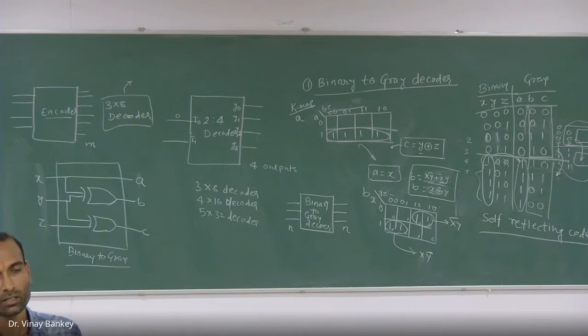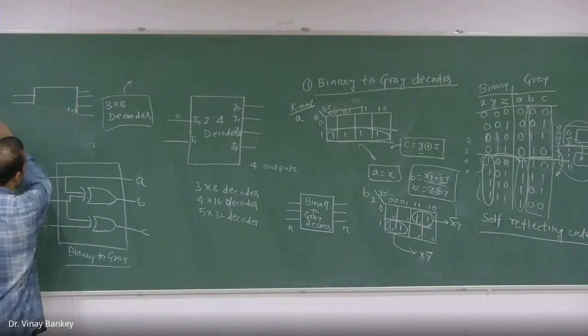So an encoder will be compressing or minimizing the data, but here we are not minimizing the data, we are converting or coding something. So this will be only the decoder. You should remember, people always confuse encoder and decoder. Encoder will have a large number of inputs than outputs, correct? Okay, now we'll move to the next decoder.